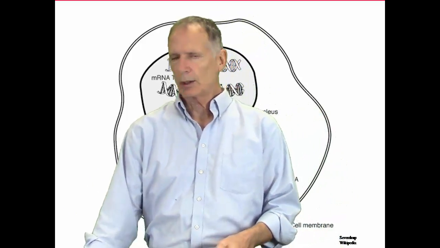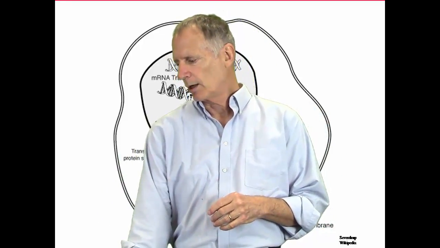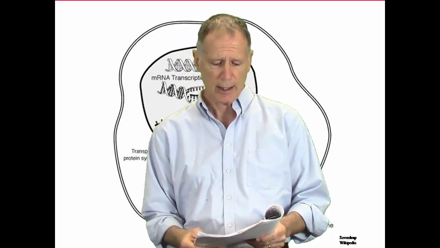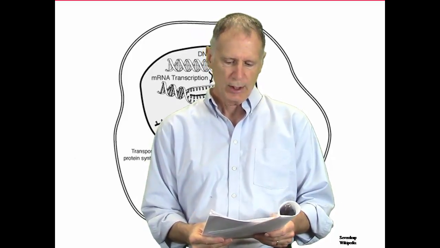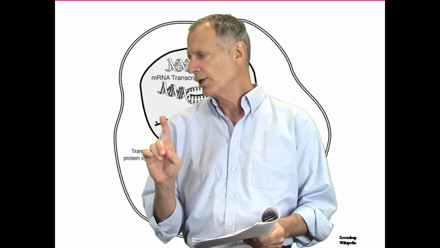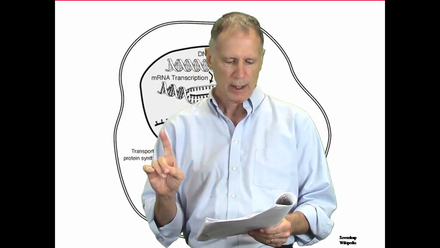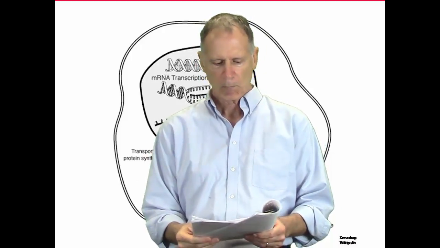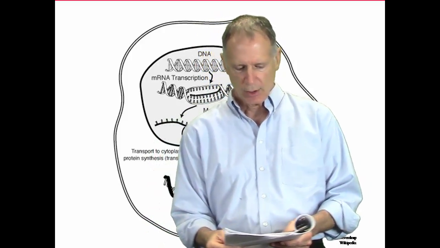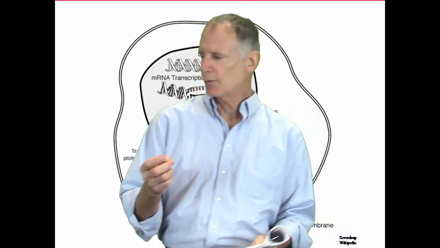Now, let's talk a little bit about RNA. We haven't talked much about RNA before. RNA is very similar to DNA, where DNA is a deoxyribonucleic acid. RNA has only one ribose, not a deoxyribose, and also you get 4 bases, as you do in DNA, but one of those bases is different.